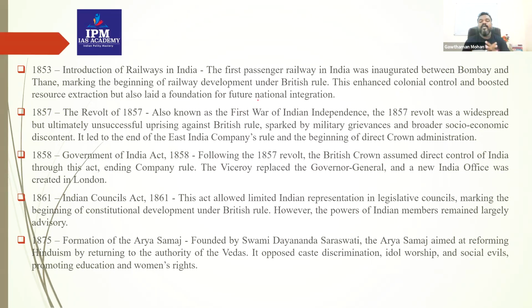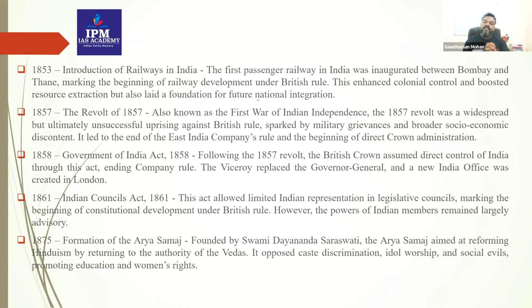So it showcased the weakness of the East India Company, and also the misrule or corrupt rule of the East India Company, which led to the transfer of power. Basically, from the British East India Company, the British Crown took over the power.